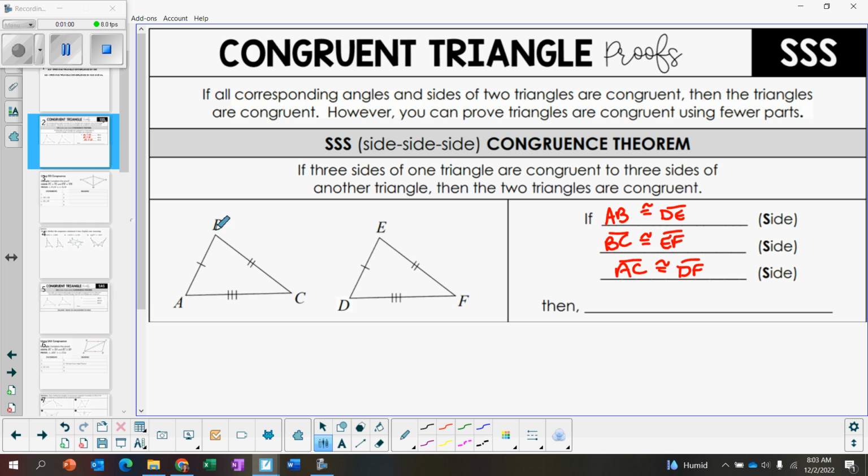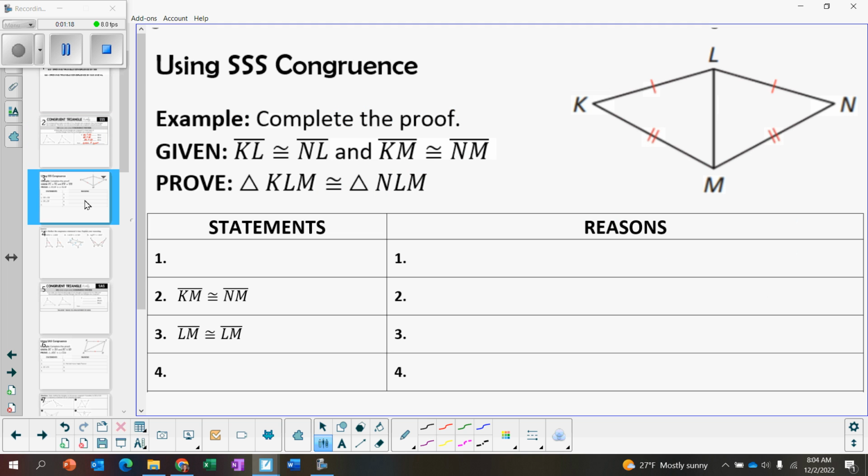So I could say triangle ABC is congruent to triangle DEF. Sometimes the triangles are going to be drawn separately like this, sometimes they're going to be up against each other. And that's what it's going to look like in our next one.